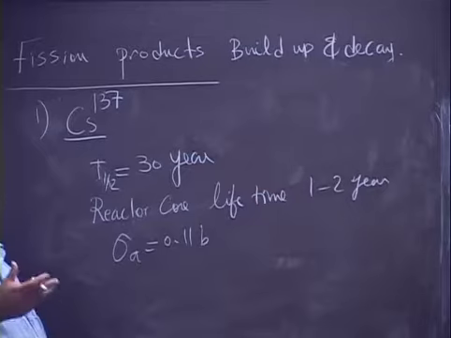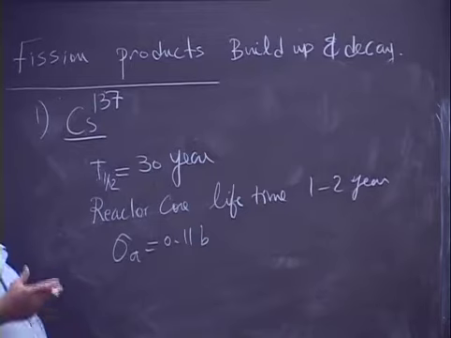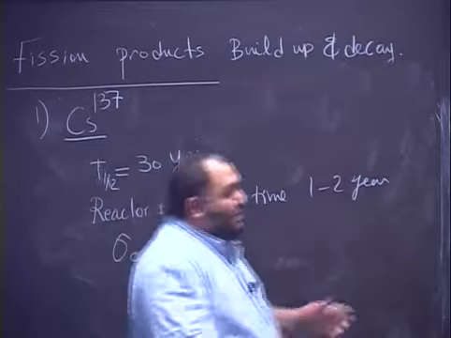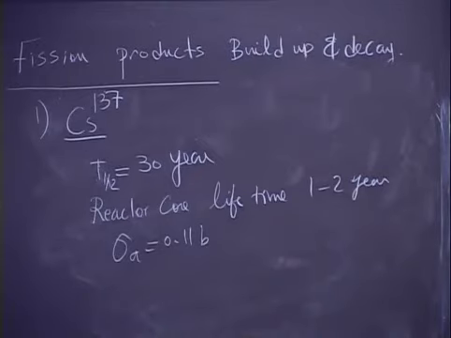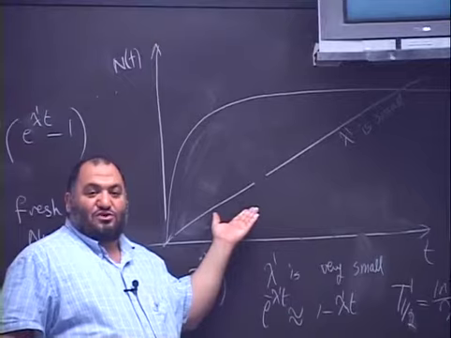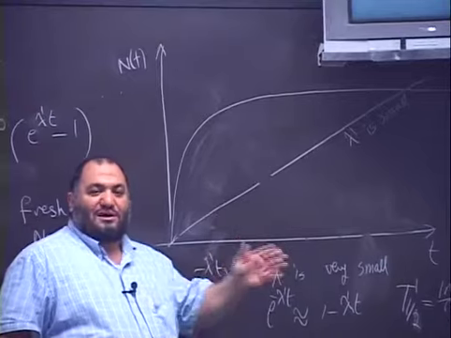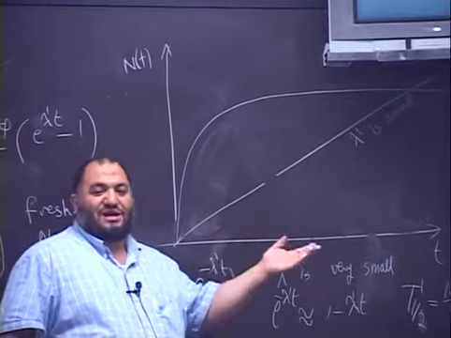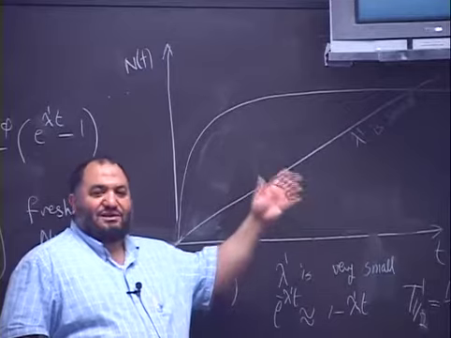What does saturation activity mean? It means that you have two competing phenomena going on: one is production, the other is decay. Here, decay does not prevent you from building up. You are building up and building up, you did not decay anything, so you are increasing.